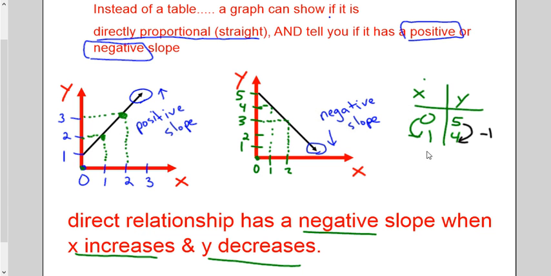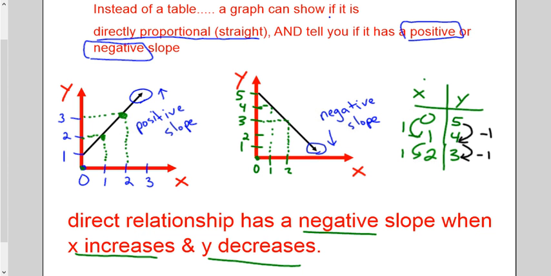And then when our x value goes up to 2, our y value comes on down to 3, and it decreased again, it went down by 1. So as a result, you can see that we have a negative relationship, and when the x value increases and the y value decreases, it gets our line to fall down to the right.